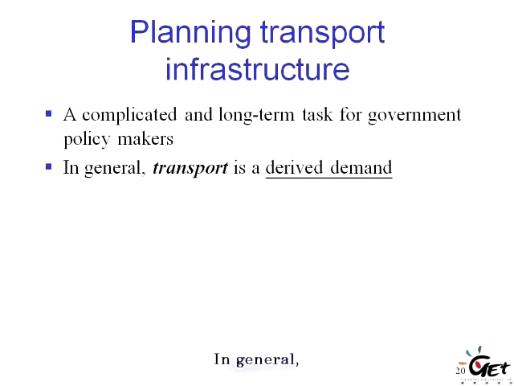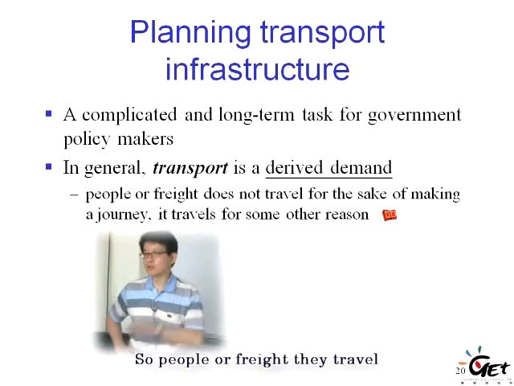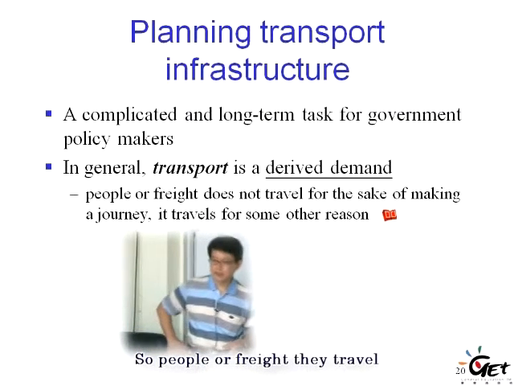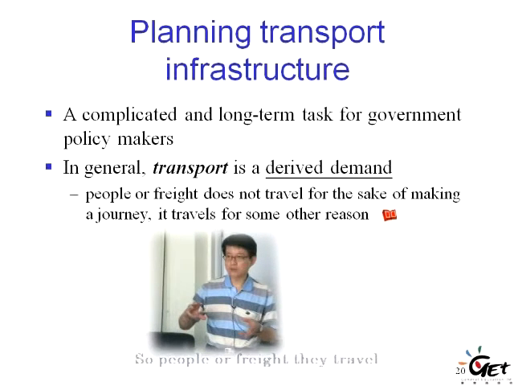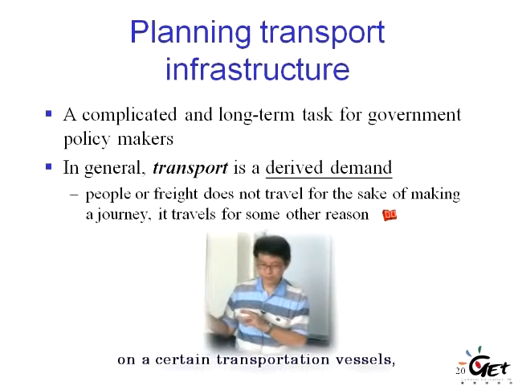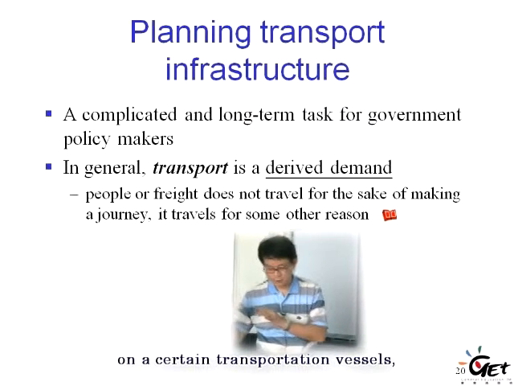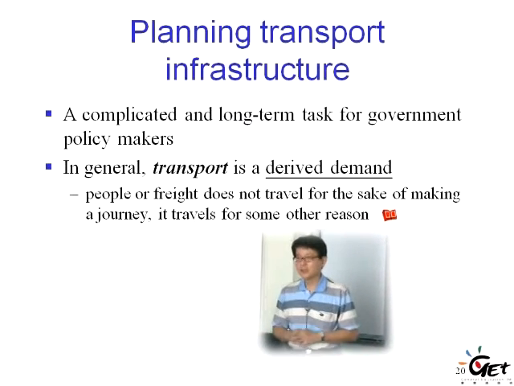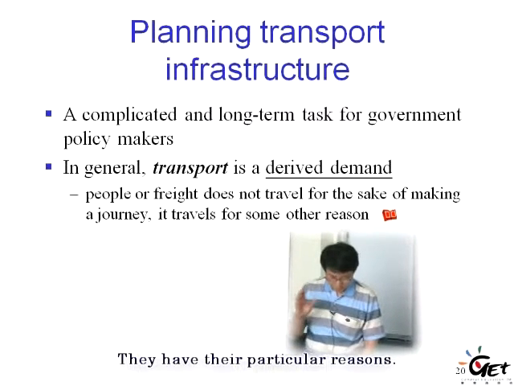So it should be very careful, right, for those policy makers to plan infrastructure for the transportation. In general, we know the transport is a derived demand. So people or freight travel on certain transportation vessels or tools, right? But they have their particular reasons.